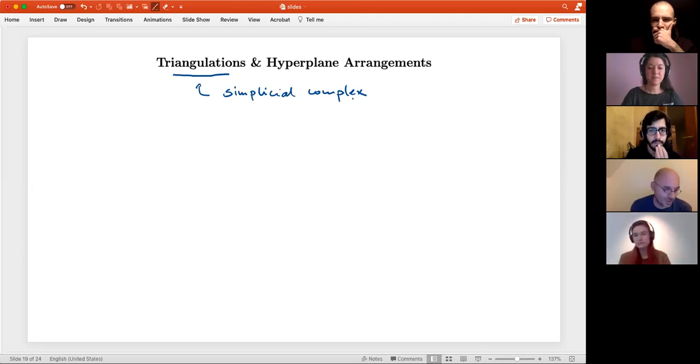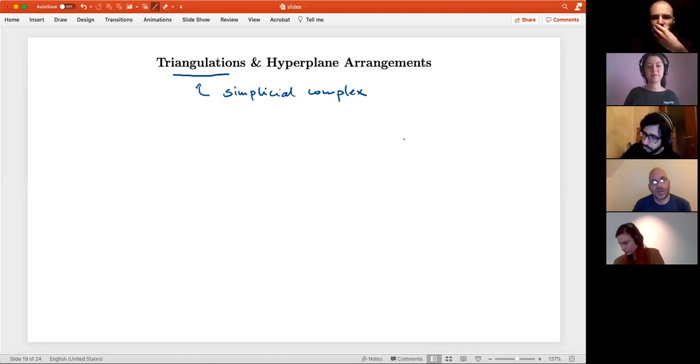And since they're actual simplices, I don't want to just include the faces of each simplex in my simplicial complex, but I also want to demand that two simplices meet in a face.